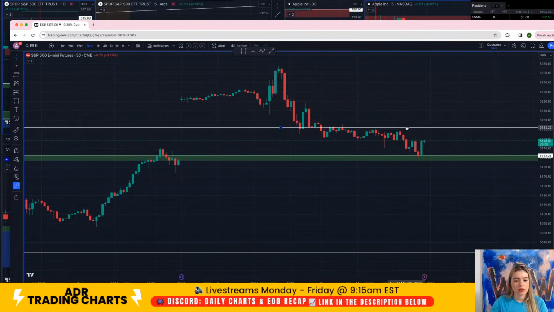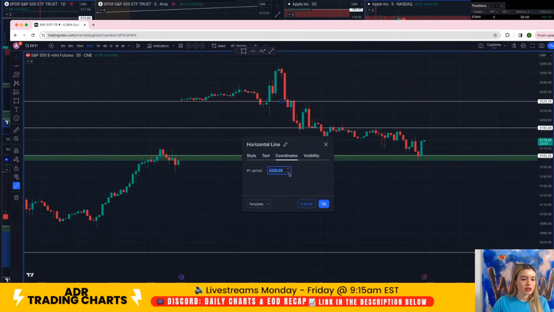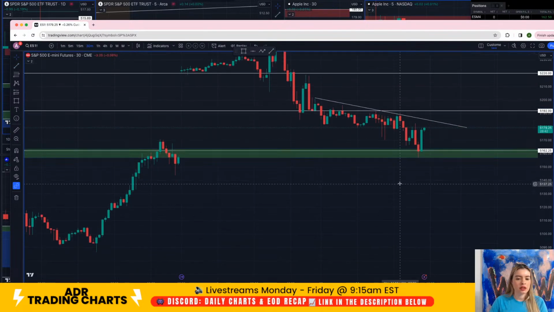So you want to see it breaking today's high, and then the next resistance is here, on the 20s, 52.20. That's your next resistance. Looks like it's trying to break this downside here.